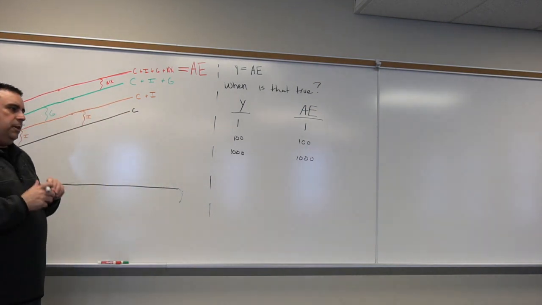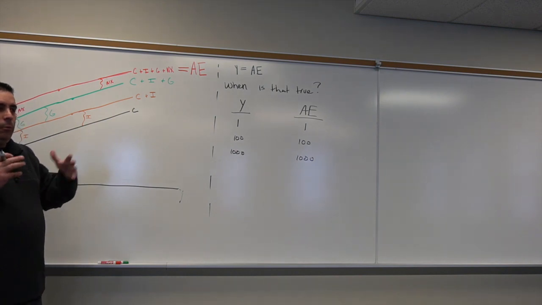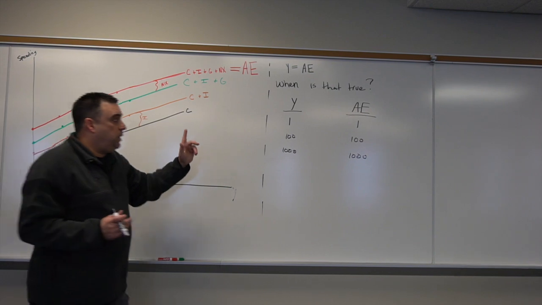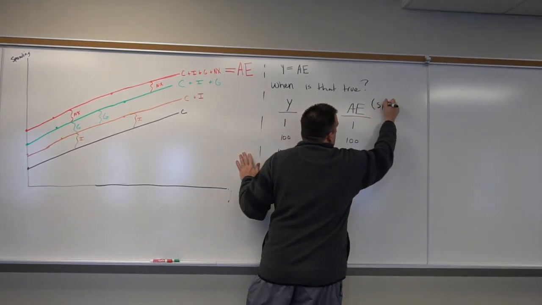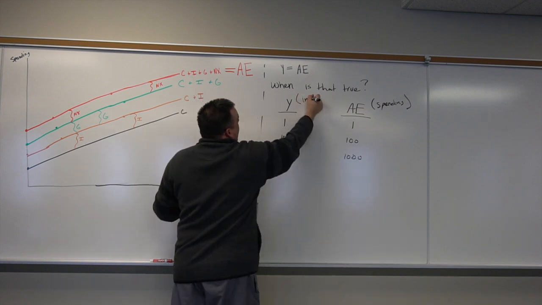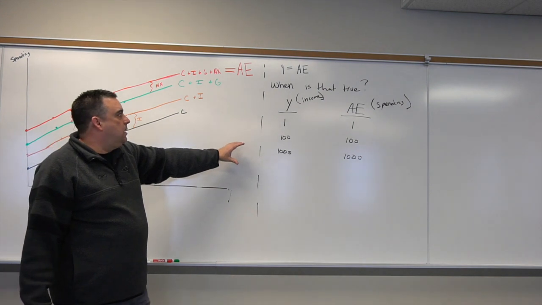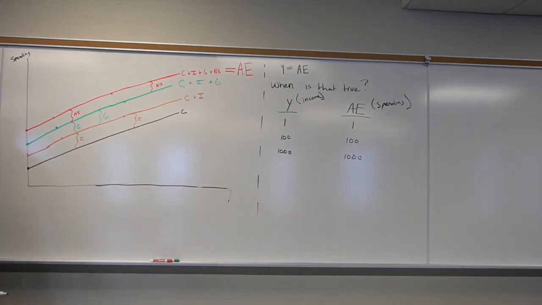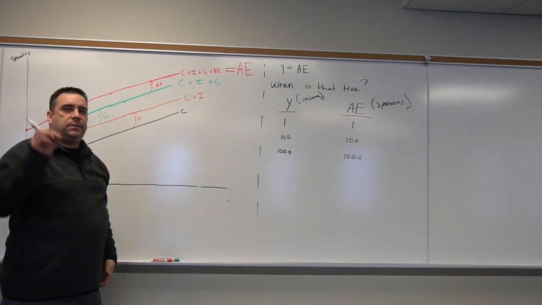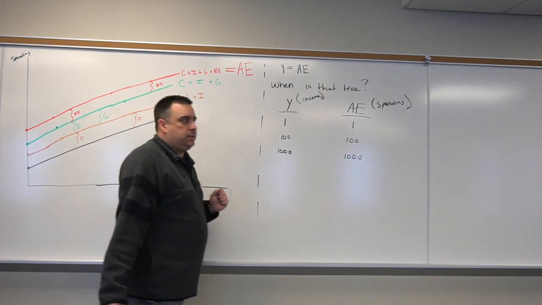And other than right now looking at me, rolling your eyes saying, duh, this is dumb, what you didn't realize is we've actually just created ordered pair coordinates between AE, spending, and Y, income. We said at these ordered pair coordinates, our math equation from earlier in the semester to now must be true. Those are plottable coordinates.